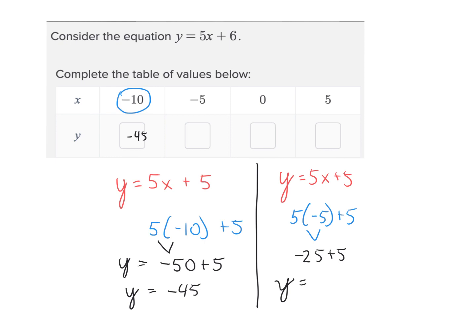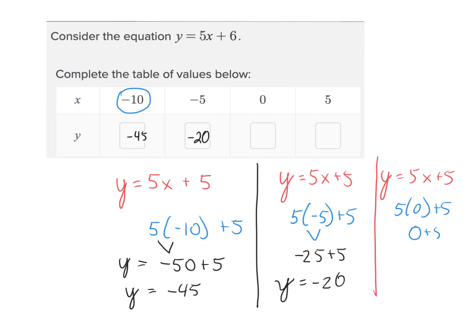So my y would be negative 20. And then I'm going to do the same for the last two. Write down the equation, plug it in, 5 times 0 plus 5, right? So y would equal 5. And the same for the last one.